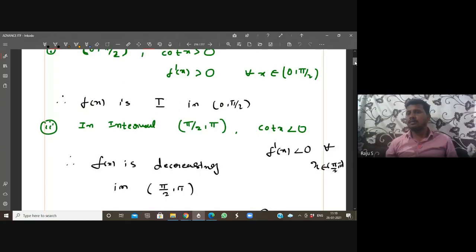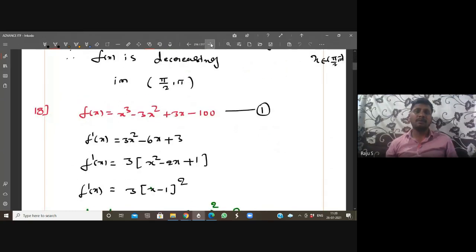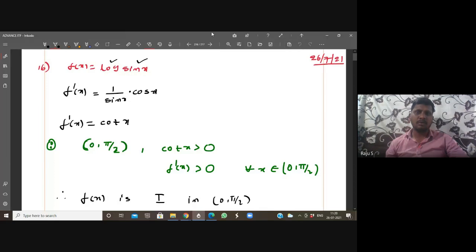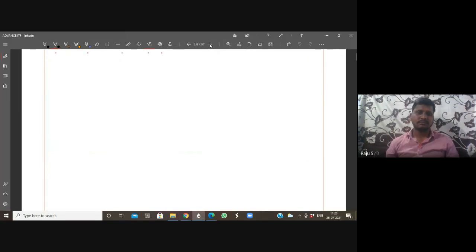So the next topic, maxima and minima, is a very important topic, because we may expect one 5 marks question or one case study question. Most important topic, maxima and minima in calculus.